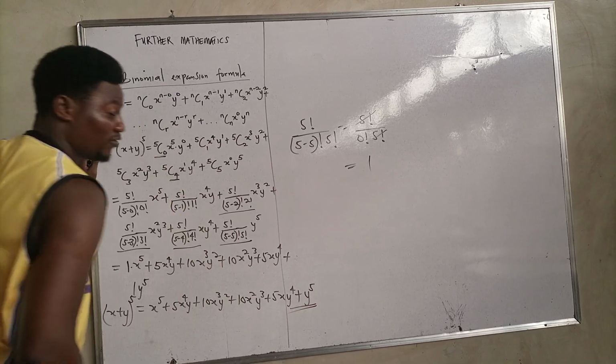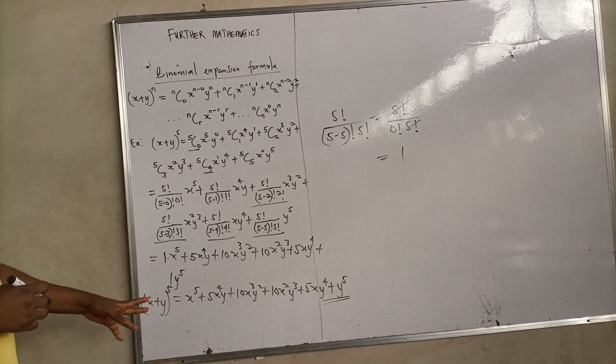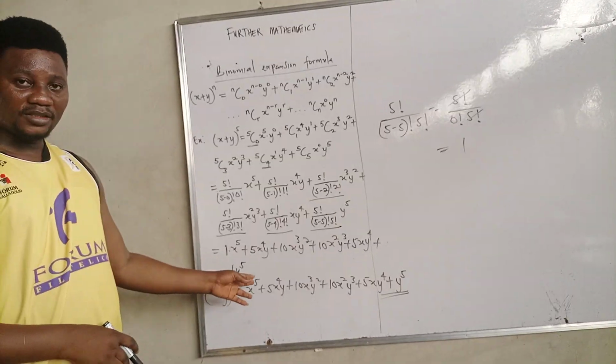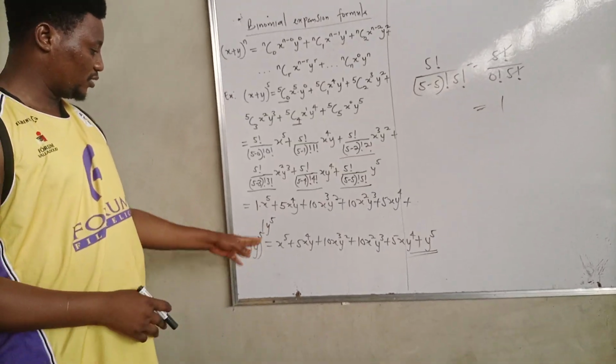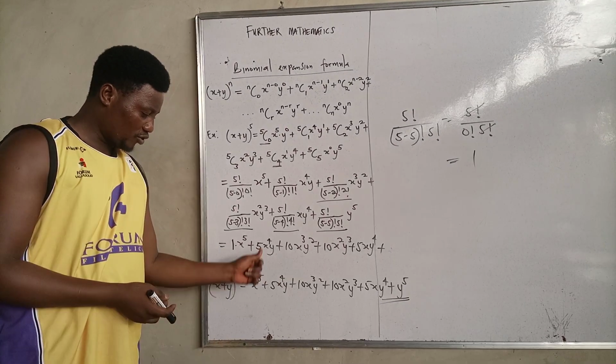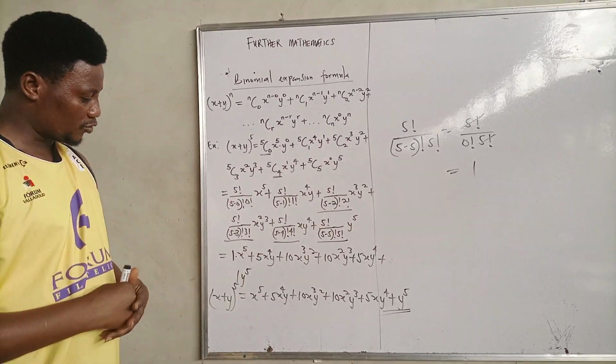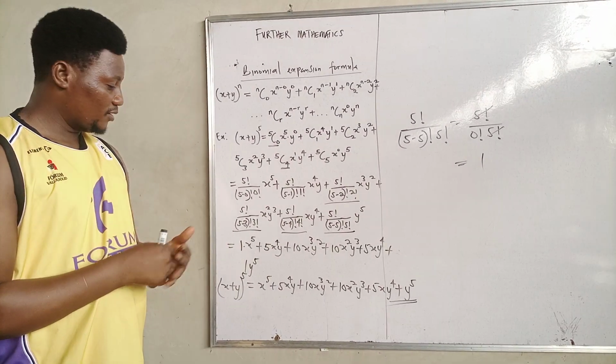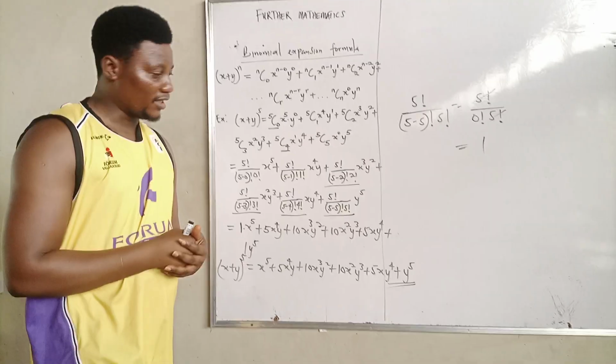Yes, we made use of Pascal's triangle to expand this the other time, and this is what we got. We got this actually: x raised to power 5, 5x raised to power 4 y, and so on. So, thank you.